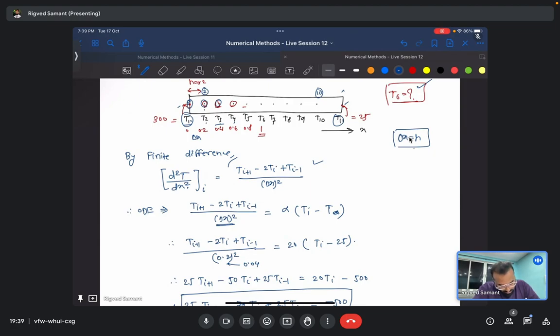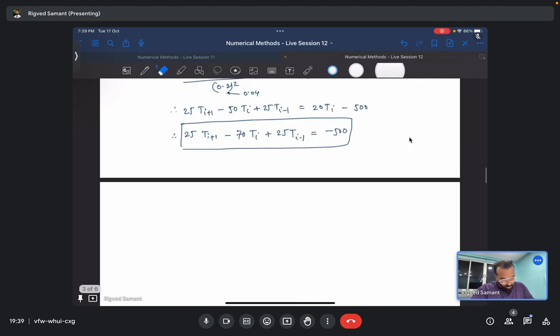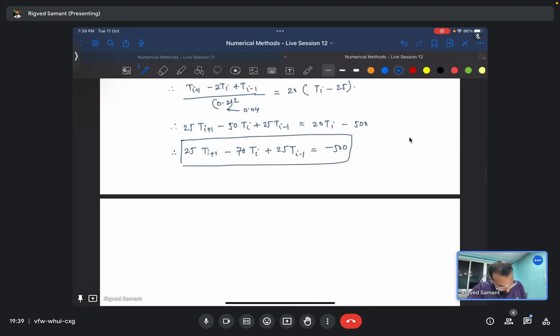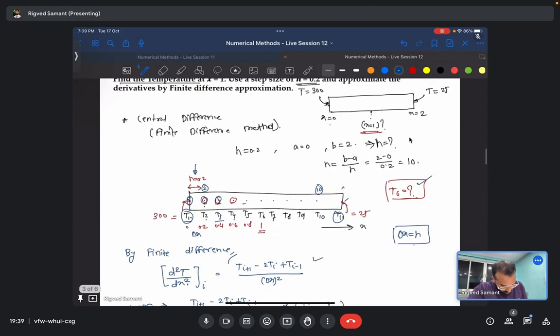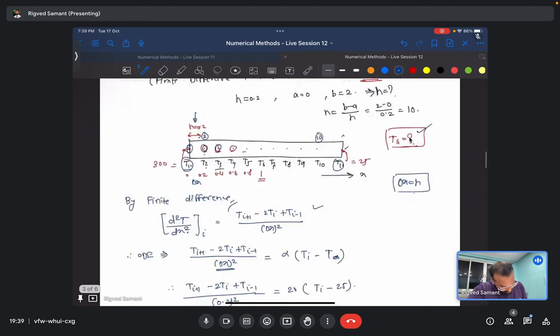Because if you consider T1, Ti minus 1 would be T0 somewhere, and that is ambient temperature. So we don't want to consider that because you already know the value. So T1 is equal to, what's the T1 value? 300.